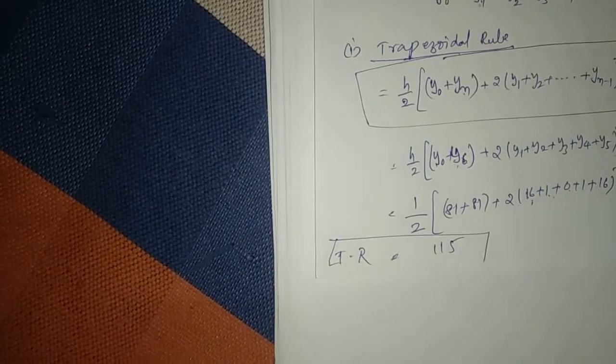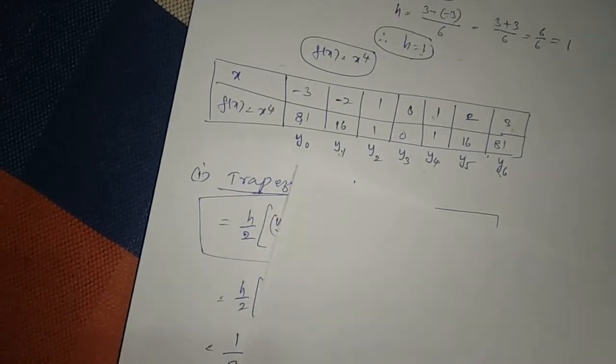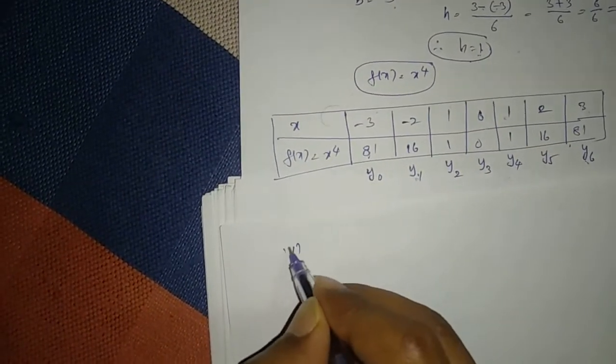Now next we have Simpson's rule. Simpson's rule uses the same table.